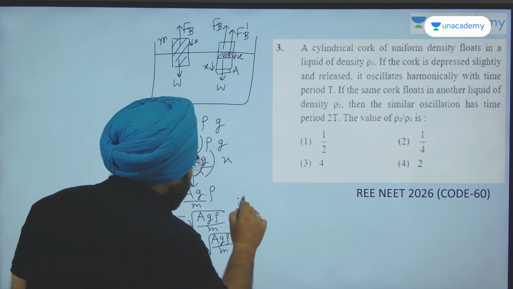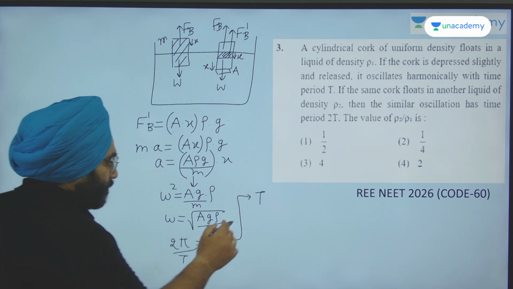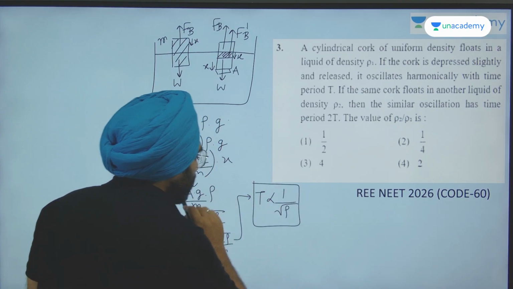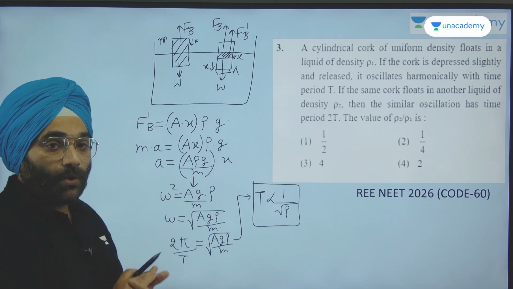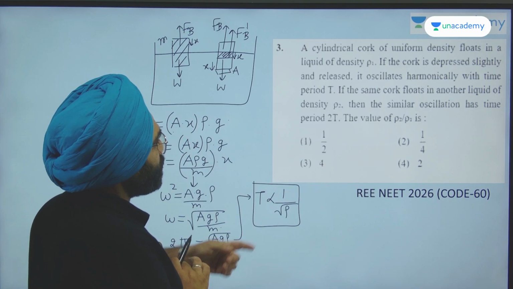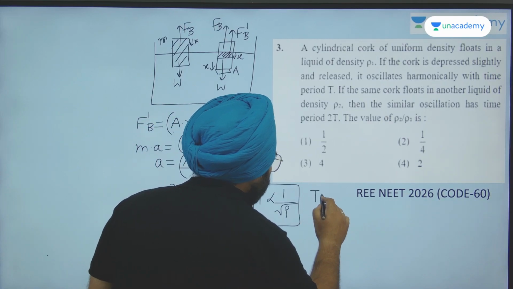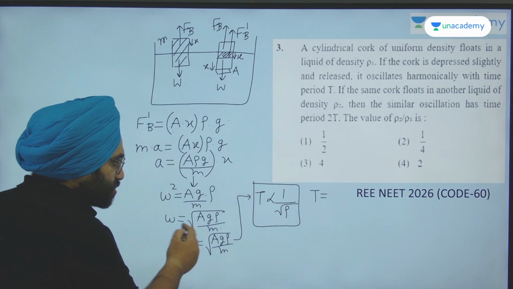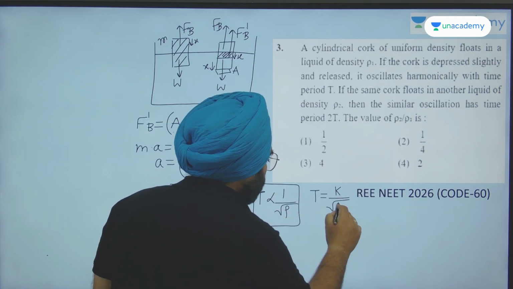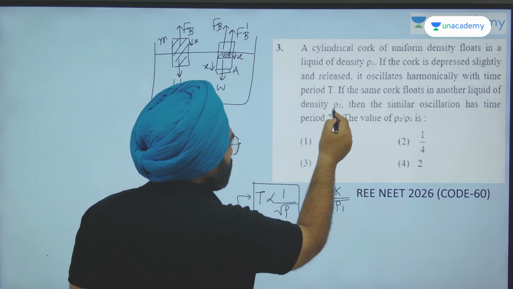Now what we are getting here: all the others are constants, so time period will be inversely proportional to the root of the density of the liquid. In the first case the time period is t. So for the first case I will write t is equal to k upon root of rho 1, taking all these constants as k. Now in the second case, the time period is 2t for density rho 2.